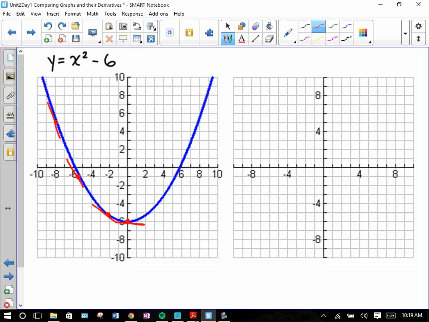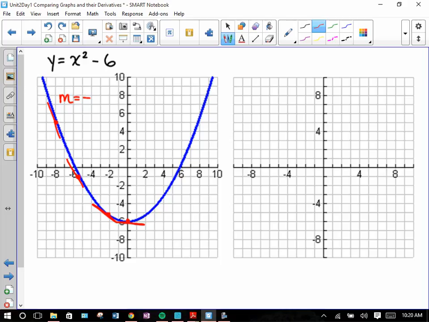What is happening to the slope of each of these tangent lines? Okay, it's negative. So over here our slope is negative. What else is happening? If x equals negative 8, how does the slope at x equals negative 8 compare to the slope of this tangent line at x equals negative 2? That one kind of looks like down.